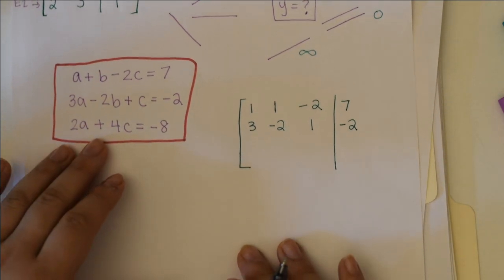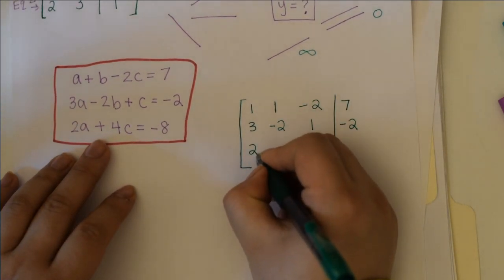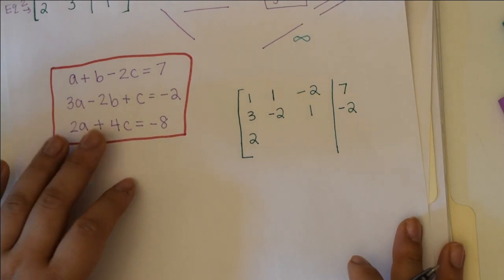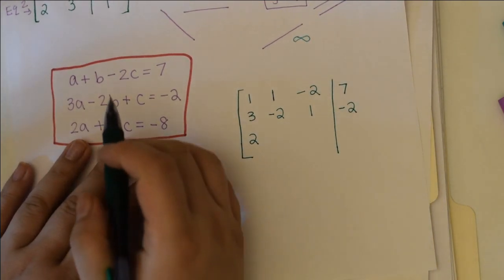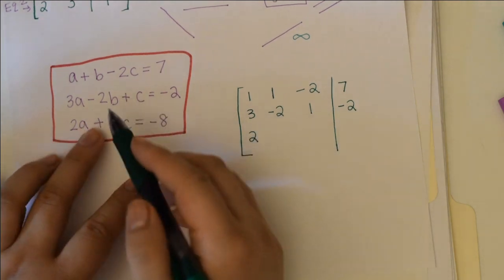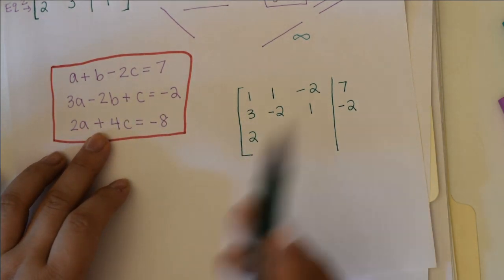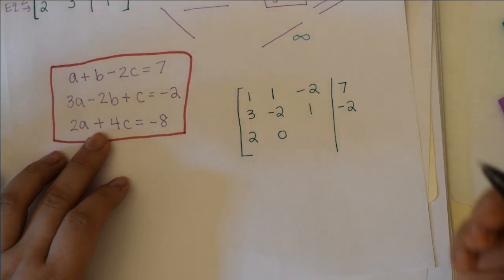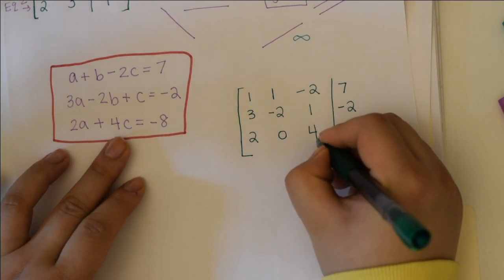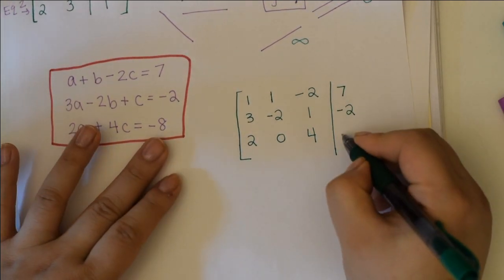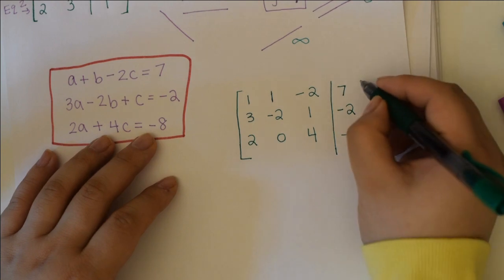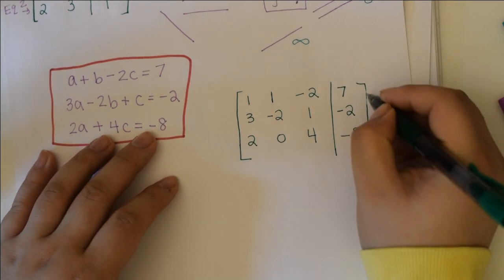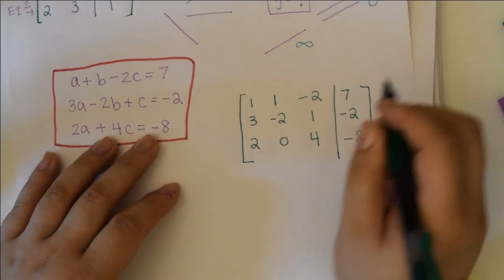And then here, and this is kind of my point that I'm trying to emphasize, is we have 2A, but we have no B's here. So we have a 0B and 4C, and then augment, and then negative 8, right? Then we'll close off the matrix. See?